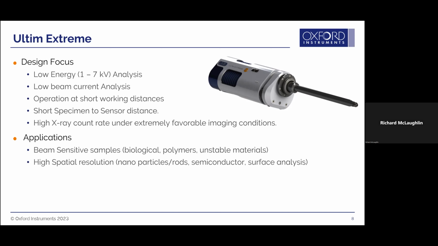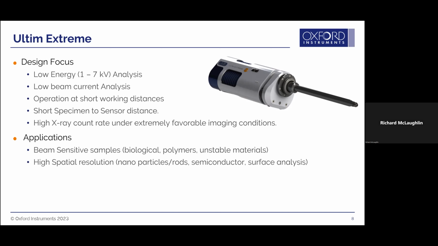And why you want that is that it will improve the actual image resolution of your analysis. And that will help when it comes to actually spatial resolution of your EDS. It's also designed to get that sensor very close to the sample, which will increase the solid angle. So overall, it's designed for high X-ray count rates under extremely favorable imaging conditions.